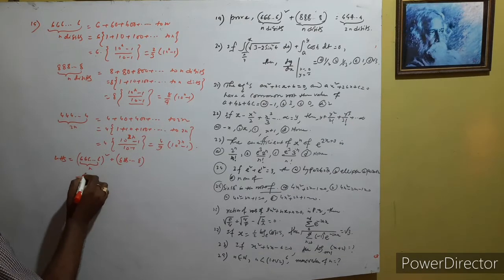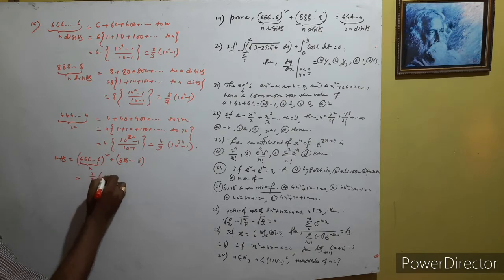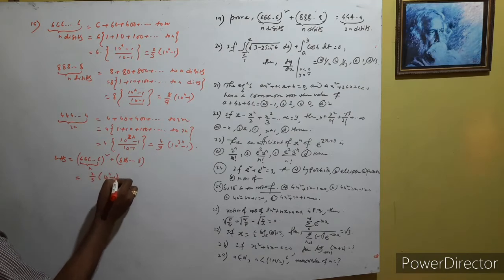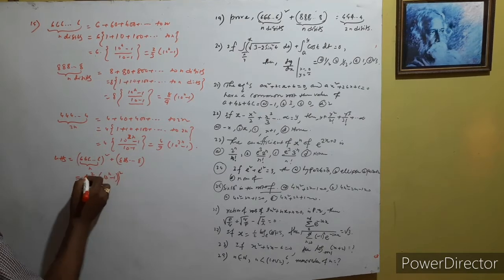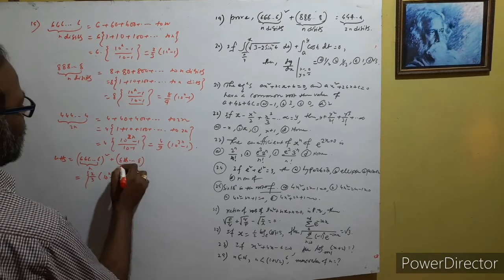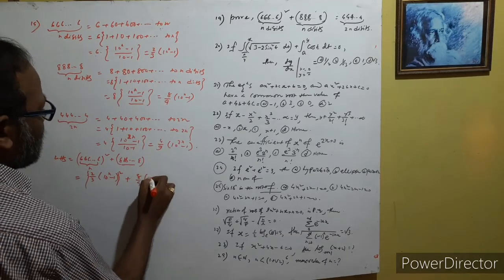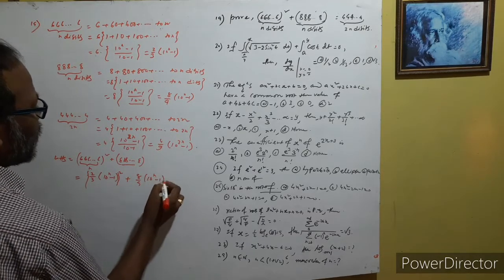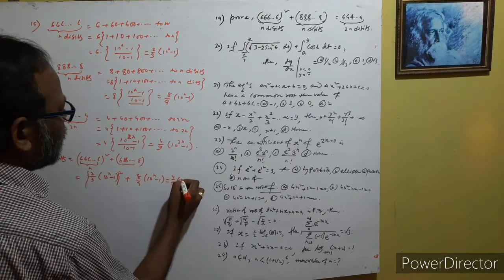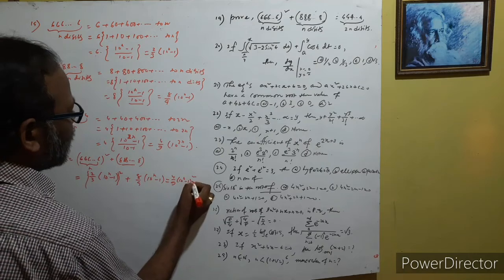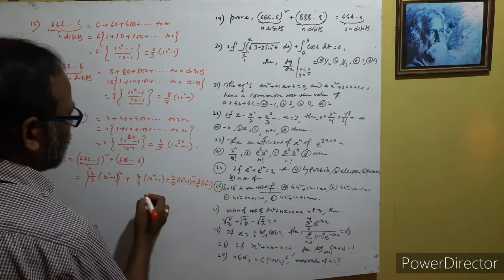That is equal to 6 means 2 by 3 into (10 to the power n minus 1), whole square, plus 888 means 8 by 9. So this is 4 by 9 into (10 to the power n minus 1) whole square, plus 8 by 9 into (10 to the power n minus 1).